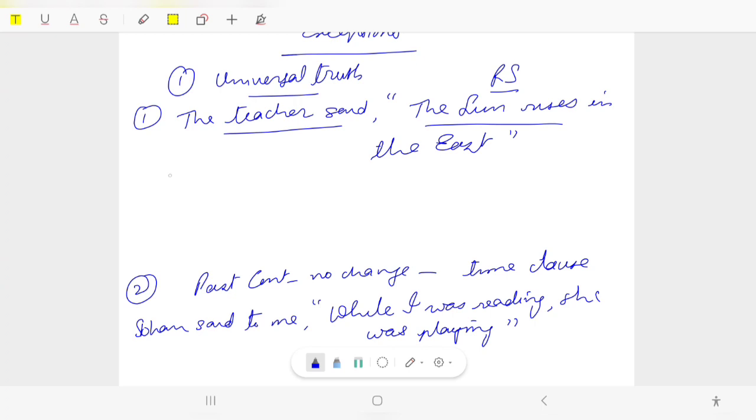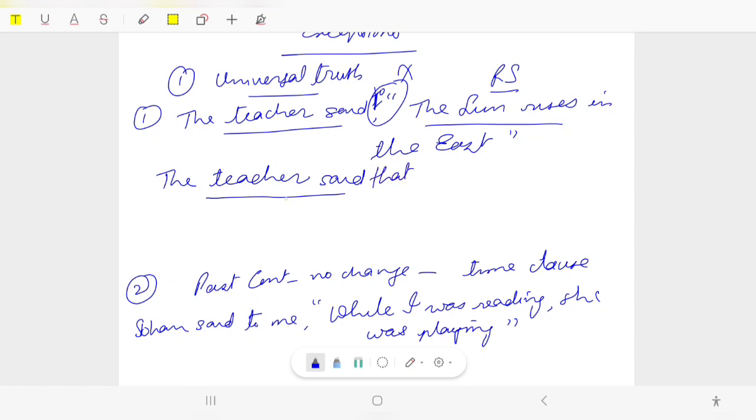So how will we change it? The teacher said. Because there is no object here, it will remain the teacher said. And if you want to add something here, you may add, but you may leave it as it is also. So the teacher said, comma inverted comma will be removed. And what kind of sentence is it? Assertive sentence.